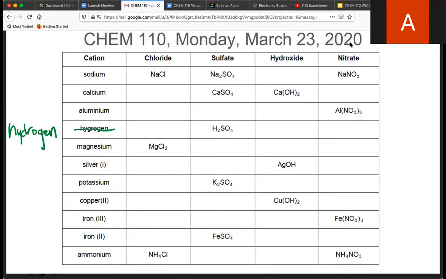Okay, so here's what we're gonna do, and I think this will help us as we move forward. I want you to think about the way that we have encountered atoms so far has really been thinking about their atomic number, and that's what's going to be most useful to us here.